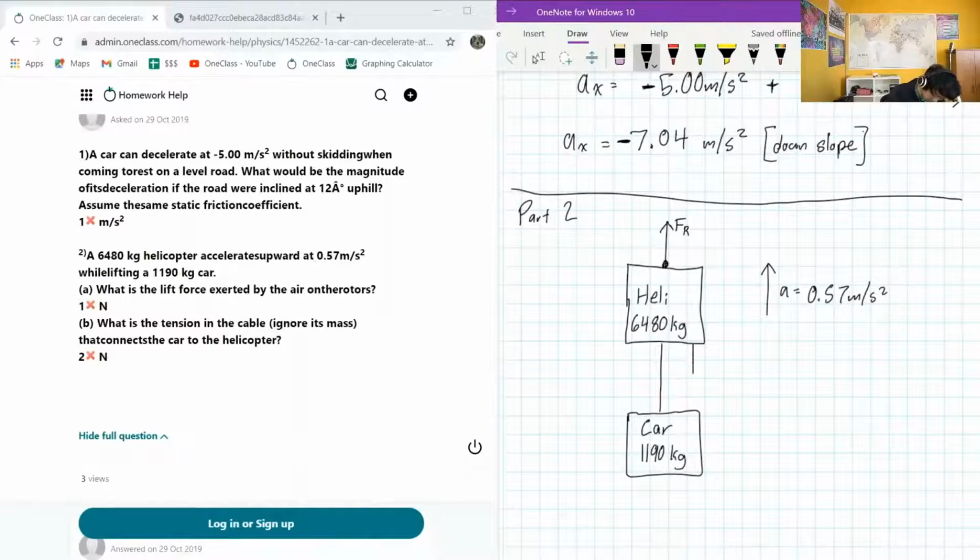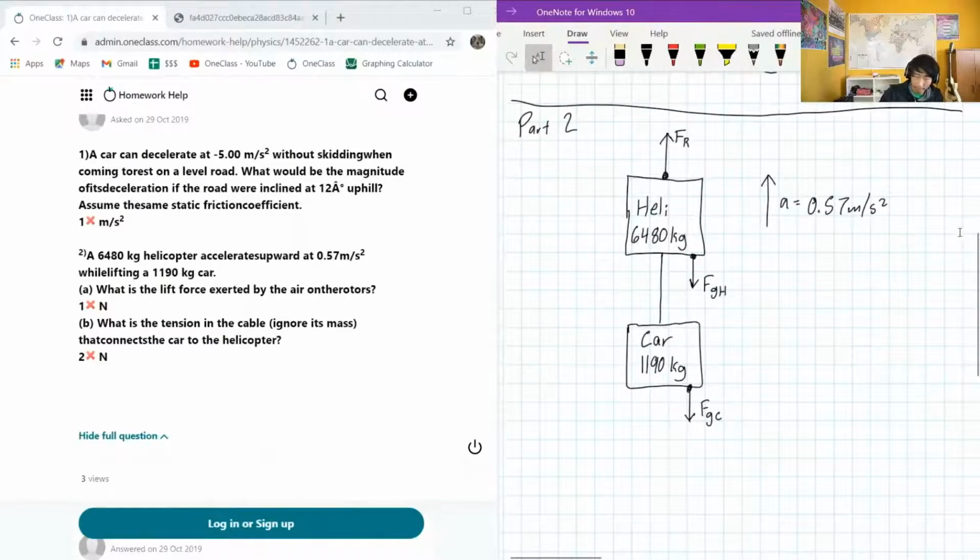We have FGH for the gravitational force of the helicopter, and the gravitational force of the car, FGC. And we have a tension force in the cable, but that's more for part B, so we won't worry about that for now.